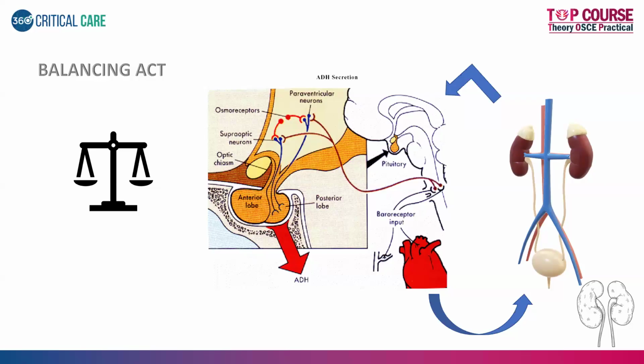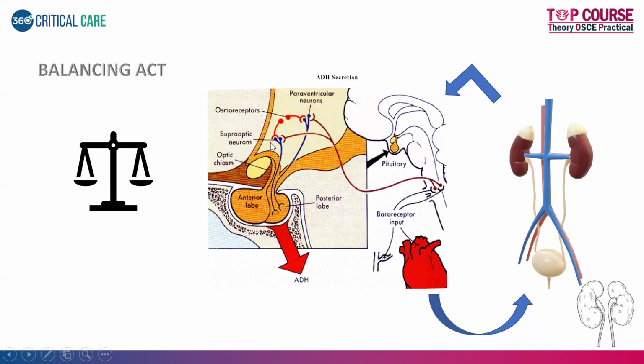As soon as there is a low intravascular volume, the baroreceptor senses that. And because of the low volume, the centers in the CNS, that is the osmoreceptors, can even sense the osmolarity. Probably it will also help us understand the amount of sodium present.